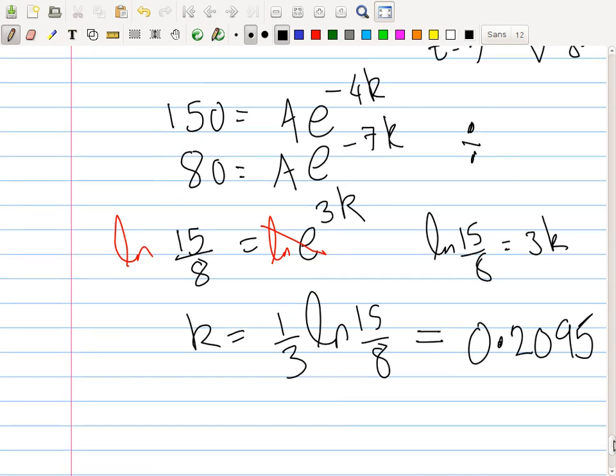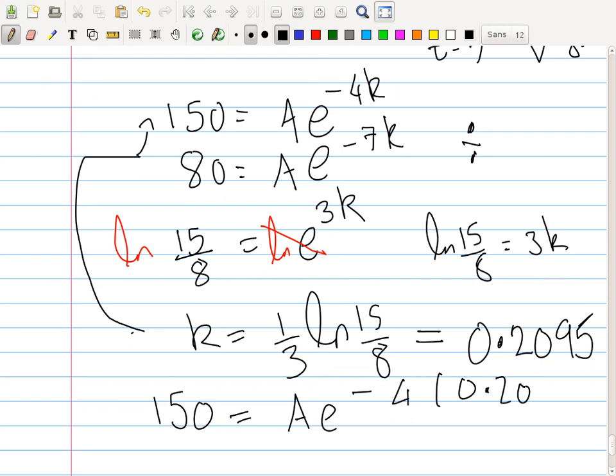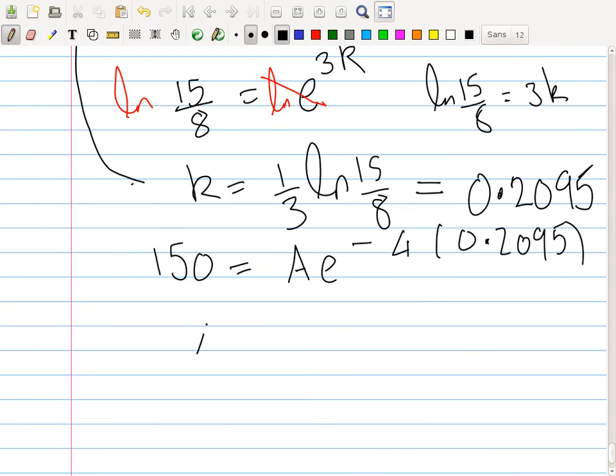Right. I still have to find the A, and I find the A by substituting it back in. Let's say back into this one. So I have 150 equals A e to the minus 4k. So I get A equals 150 all over e to the power minus 4 times that.